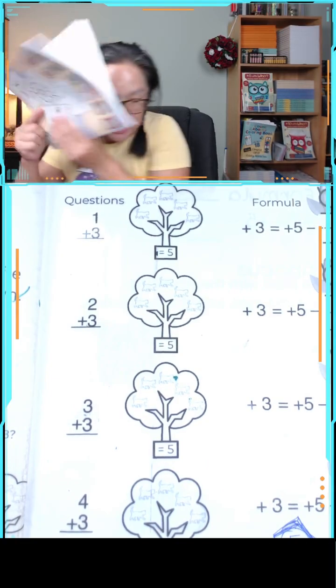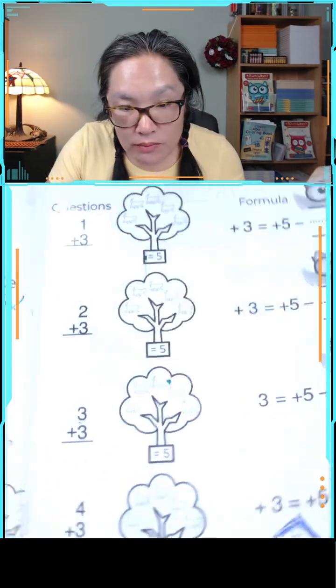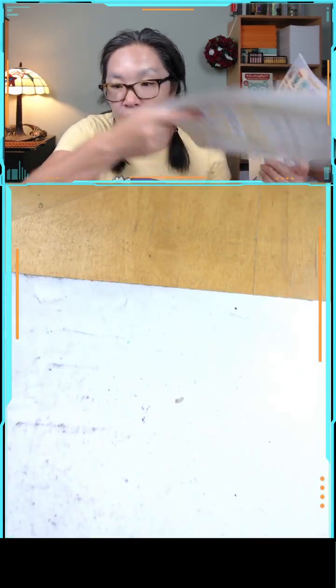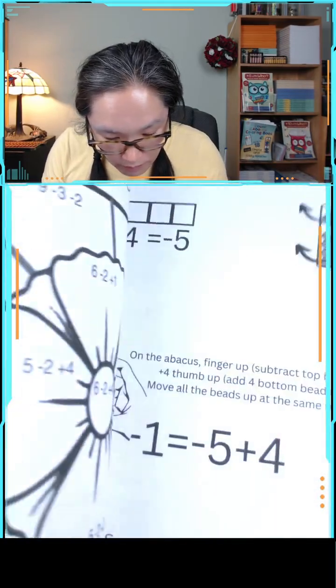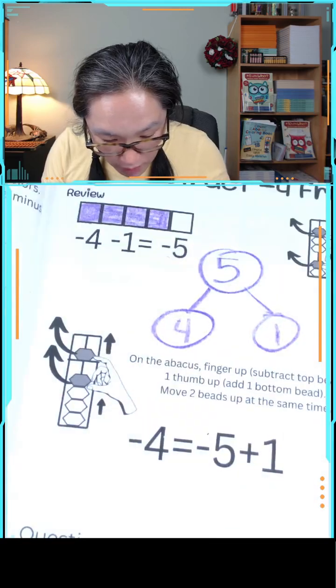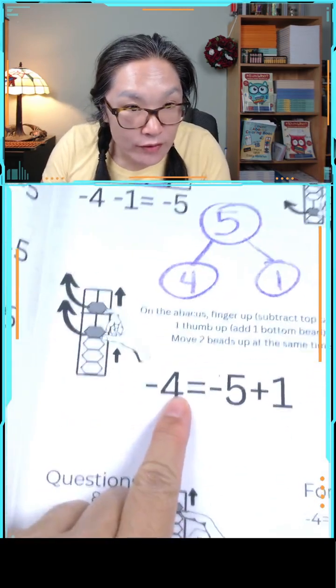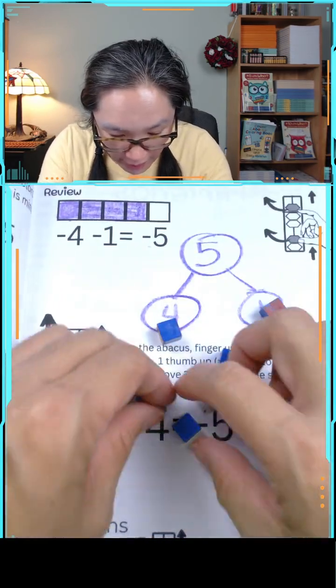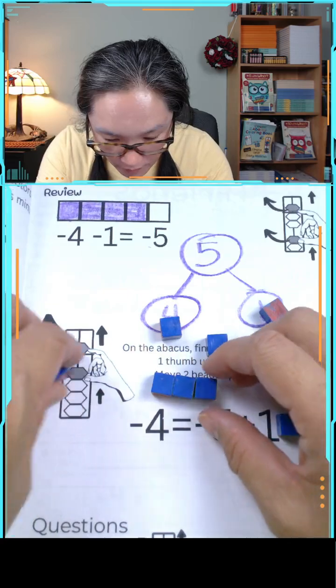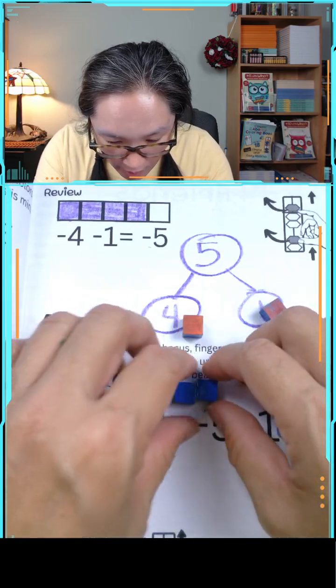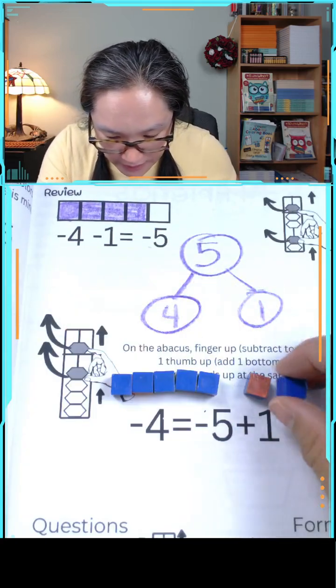Subtraction is not a separate concept. Subtraction is just the inverse of what we add. So, just like when we add the 4, we take away the 4. So if I have my abacus, I have 8, right?